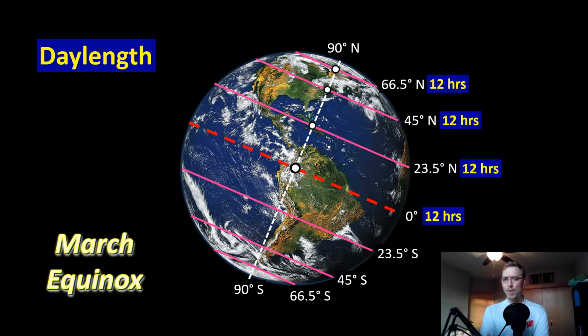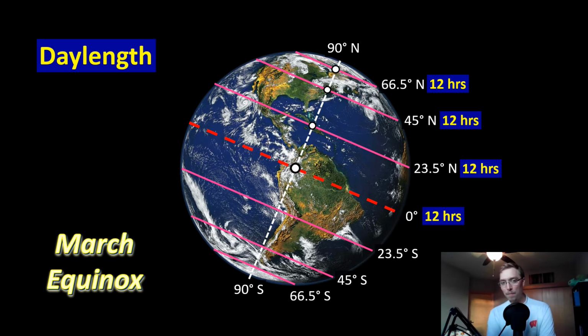So what does that mean? Now, this is actually a good hint on why we have 12 hours on this day during our equinoxes. It's the center point between the longest and shortest days of our year. If we average those days out, the shortest and longest day at a given latitude, you also get 12 hours.